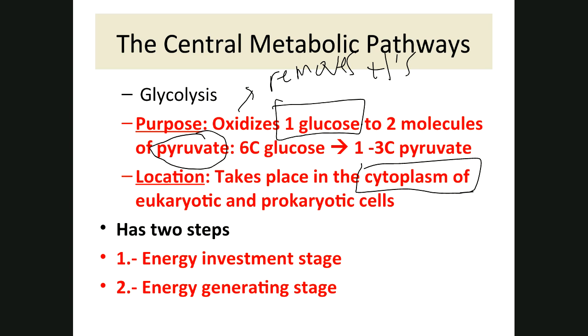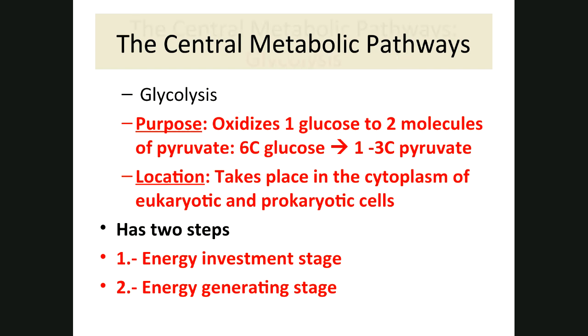Glucose is a 6-carbon compound. Pyruvate is a 3-carbon compound. So essentially, we're going to take one molecule of glucose and break it up into 2 molecules of pyruvate, 2 three-carbon compounds.